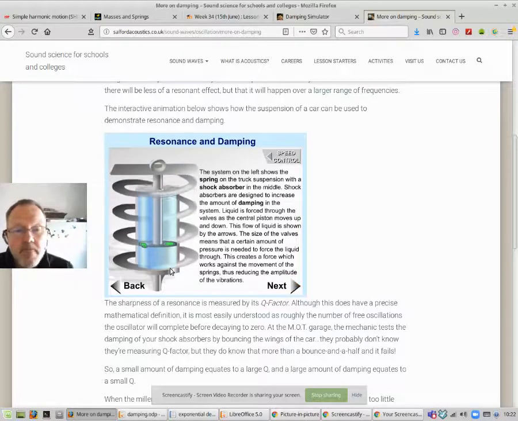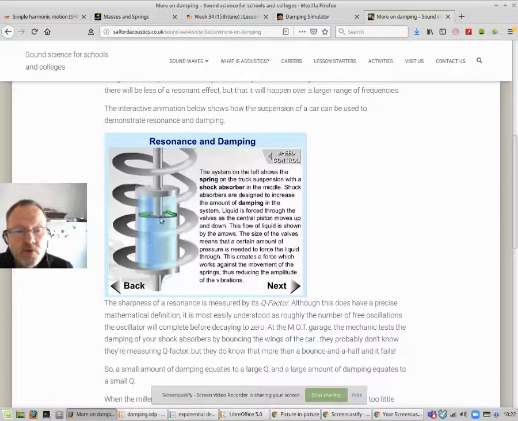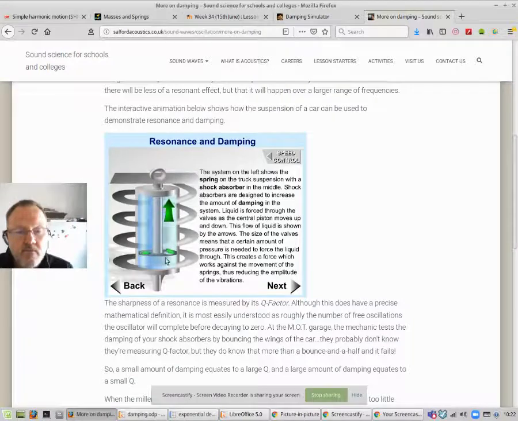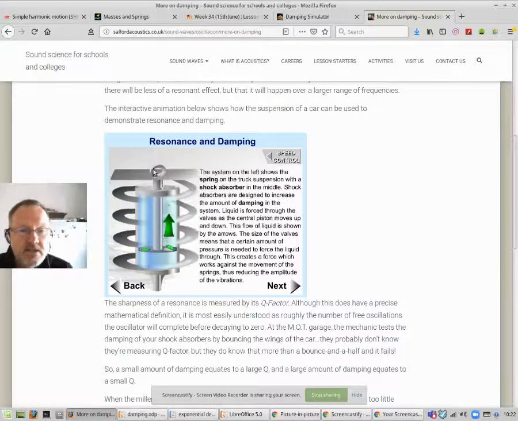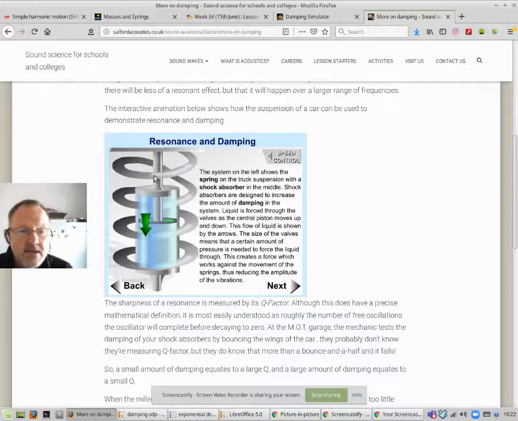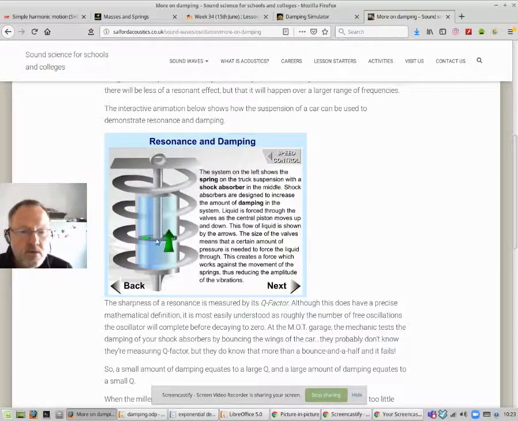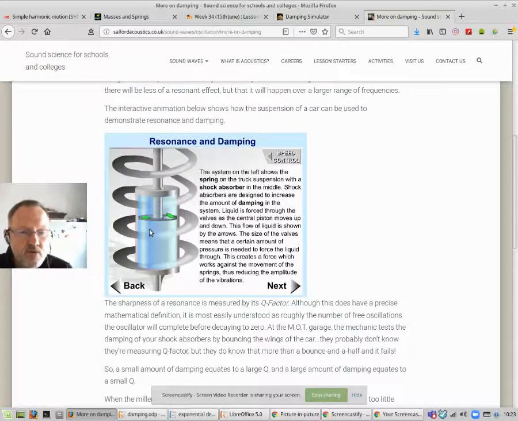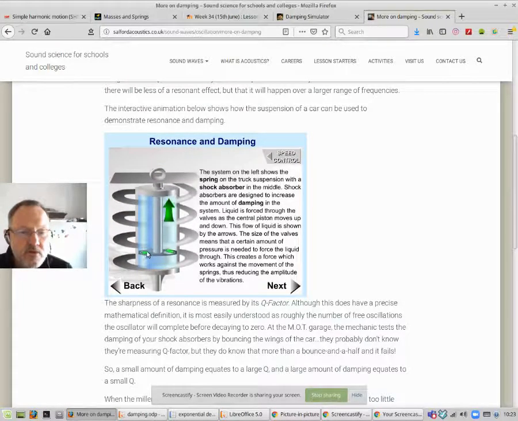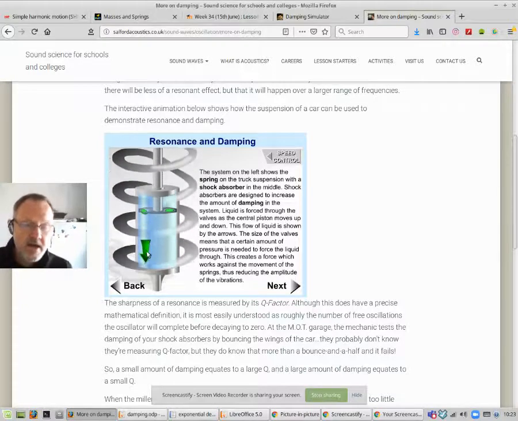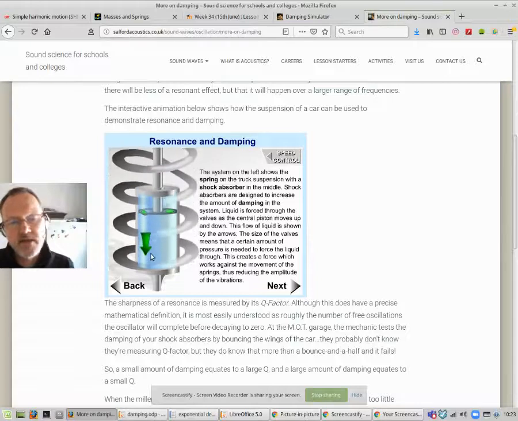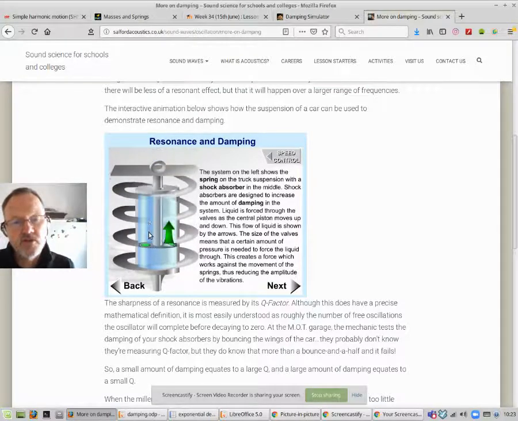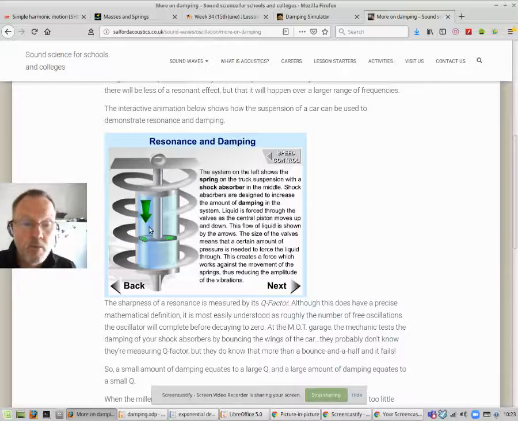So we have a piston filled with fluid. The piston head is connected to the car, and as it moves up and down, it pulls the piston through a liquid, which forces the liquid to move up and down through small valves. That in turn causes energy from the vehicle to be transferred to the liquid, so the liquid will get warm in this process.